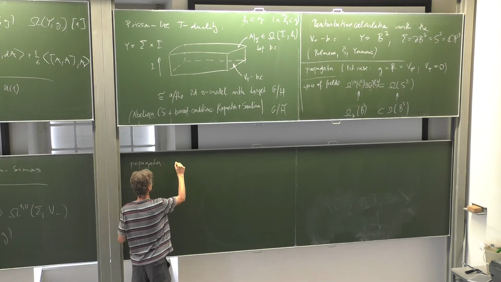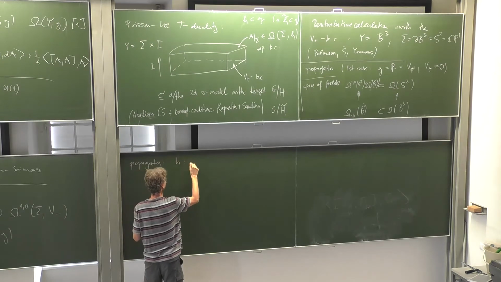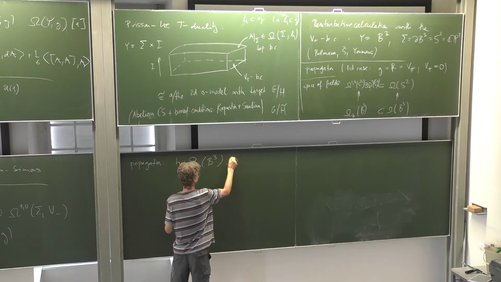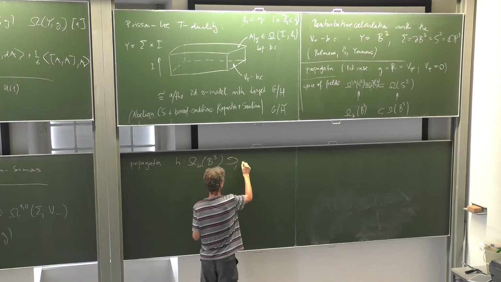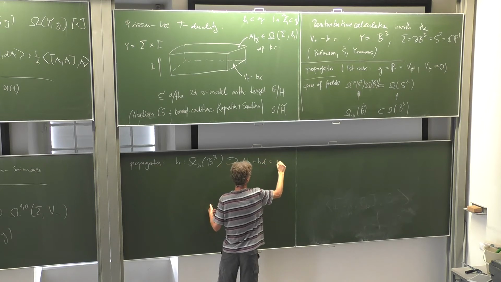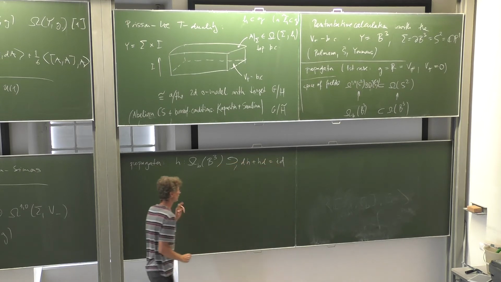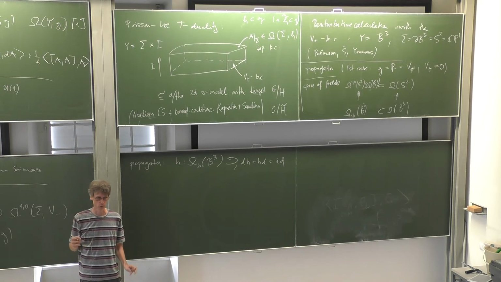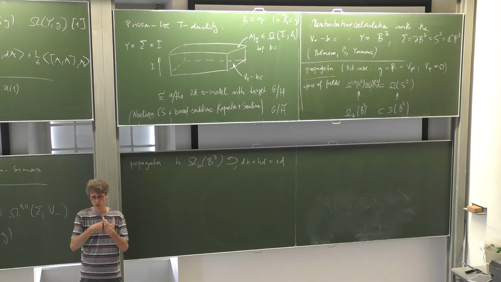So the propagator should be a map of degree -1, h going from omega B3 to itself, such that dh plus hd is the identity. Now, if one goes through the rules of BV quantization, one needs to pick a Lagrangian submanifold in the space of all fields and integrate only over that.